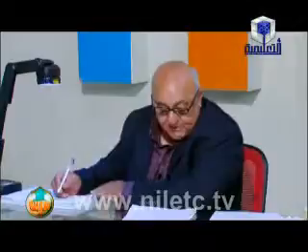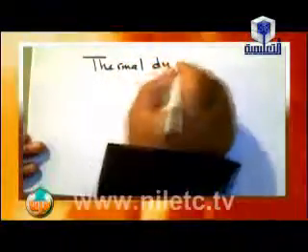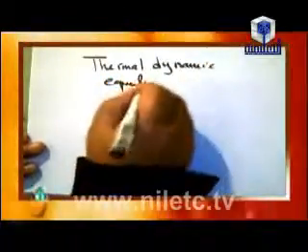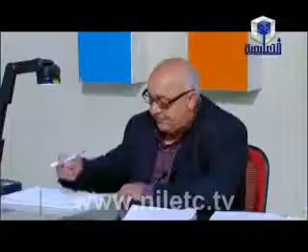Another question, what is meant by thermal dynamic equilibrium? In case of increasing the electrical conductivity of a semiconductor, we know that a semiconductor is neither a good conductor nor a bad conductor.